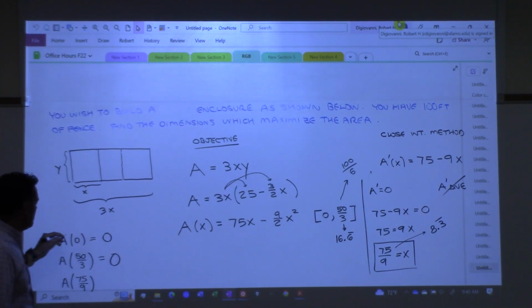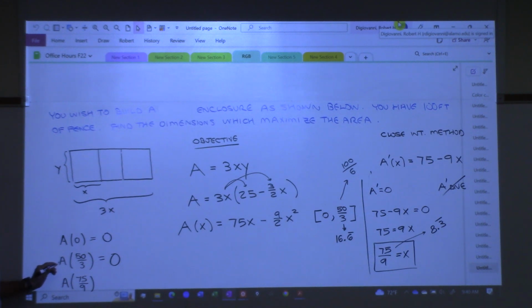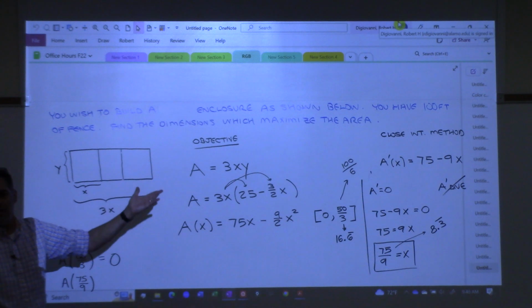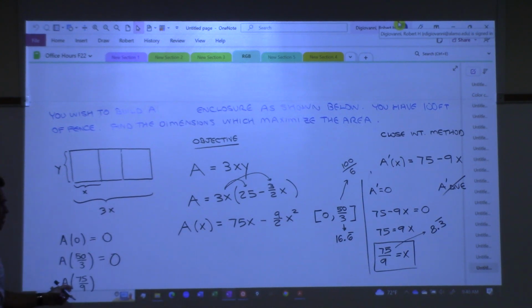How do I know? Because those were those extremes, right? Letting x be 0, I'm not going to have any area. And if I take the other extreme, that means I'm using x for all the fence. I don't have anything left for y, so I should have no area. This one has got to be the max.